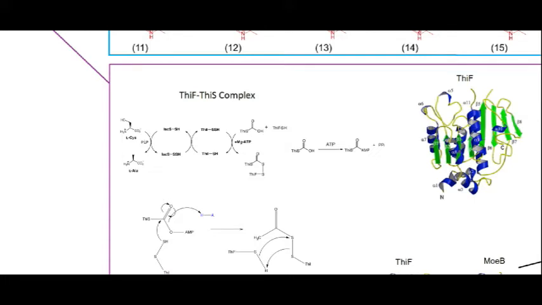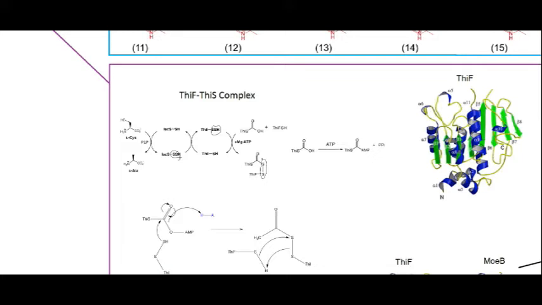So our IscS here has the persulfide, but then that goes and sort of hands it off to the ThiI, and then this ThiI will go off and hand it off to the ThiS plus ThiF. And so we end up with the persulfide here with the ThiS, ThiF complex.